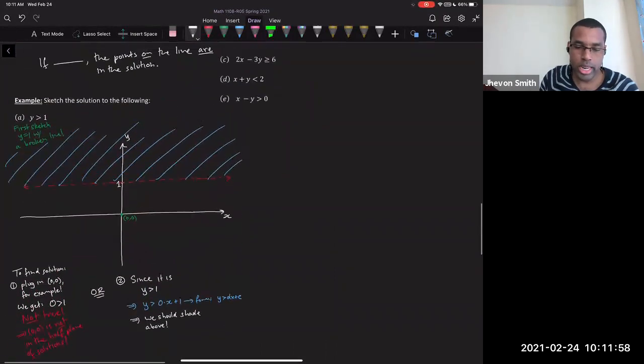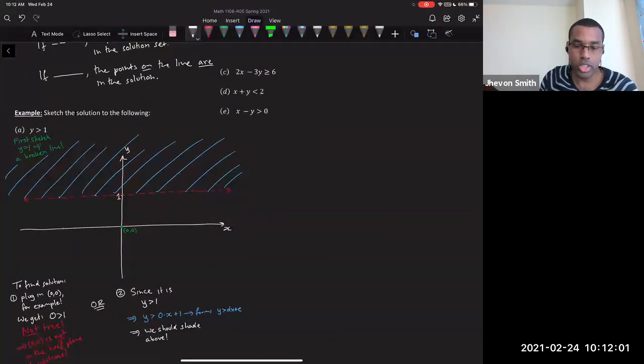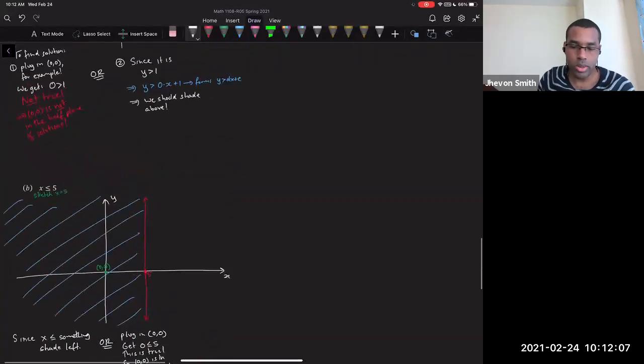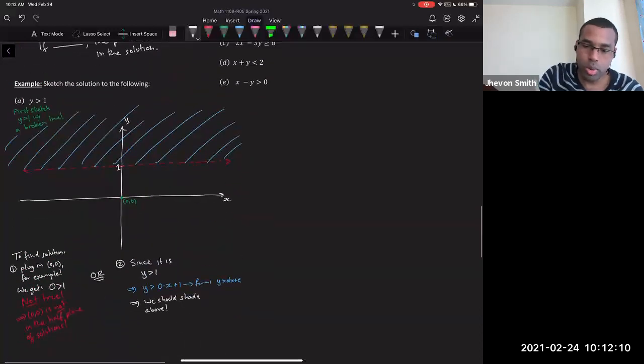I also want you to appreciate that here I drew a broken line because it was a strict inequality, whereas here I drew a solid line because it's possible to be equal. So note the points on the line are not in the solution.